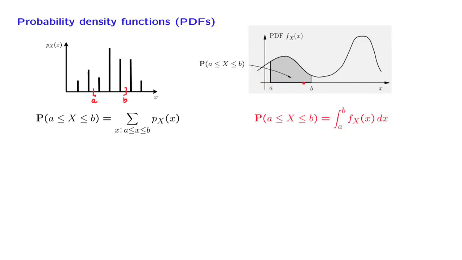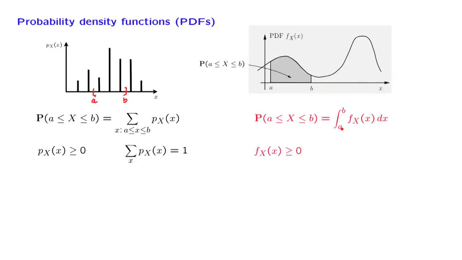What properties should the PDF have? By analogy with the discrete case, a PDF must be non-negative because we do not want to get negative probabilities. In the discrete case, the sum of the PMF entries has to be equal to 1. In the continuous case, x is certain to lie in the interval between minus infinity and plus infinity.